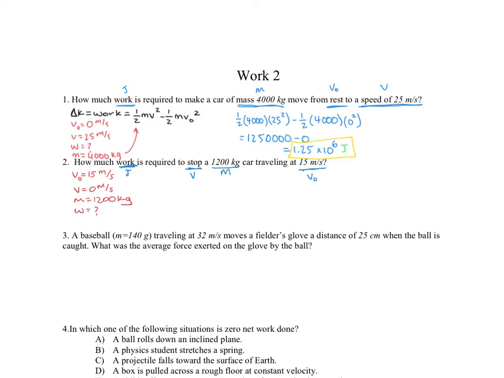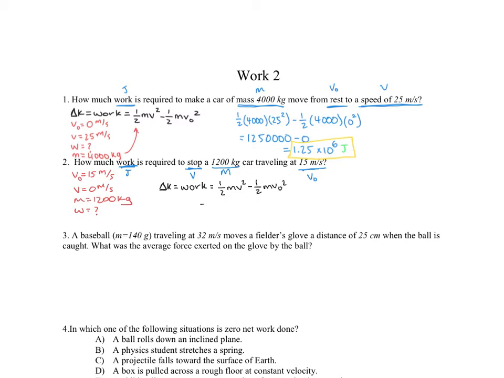Let's plug this into our kinetic formula. We're using the kinetic formula because we know that the car is in motion, so that will be kinetic energy. Change in K is equal to work, which is equal to 1/2 mv squared minus 1/2 mv naught squared.